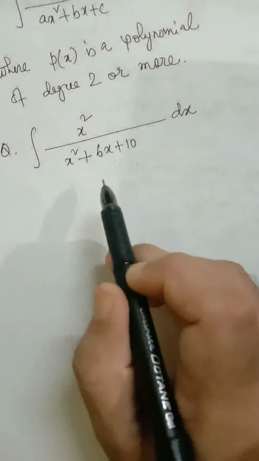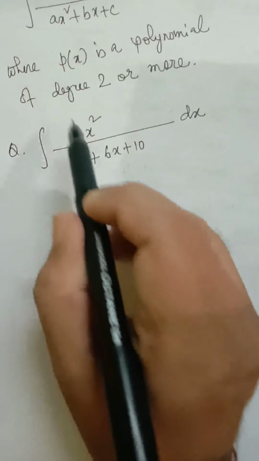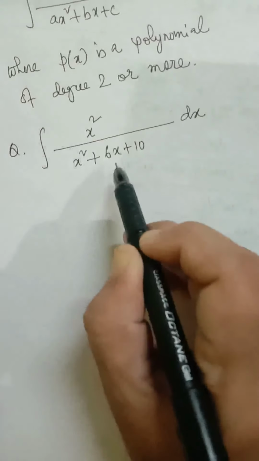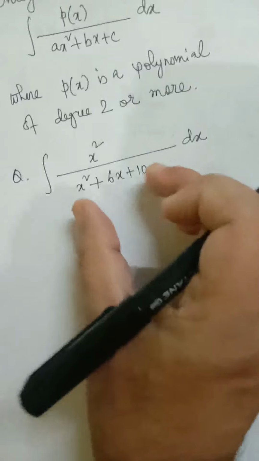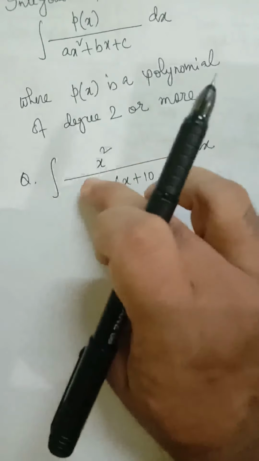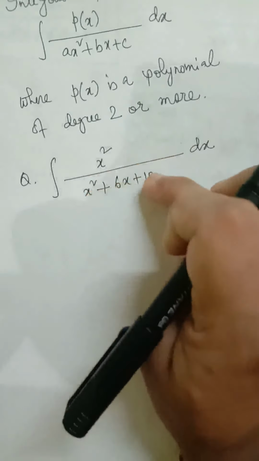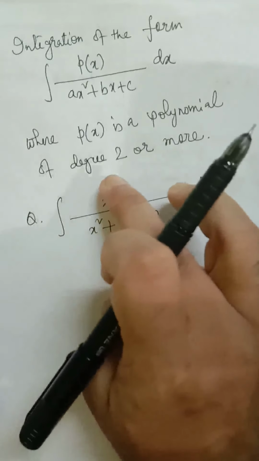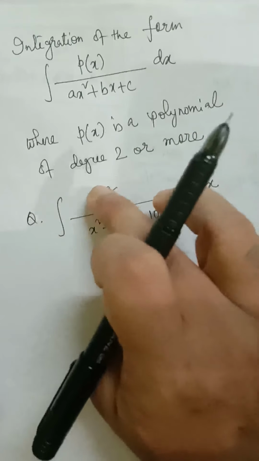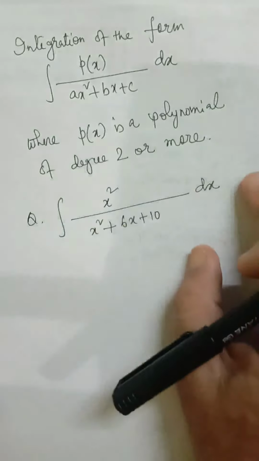Here I have taken this integral to integrate x square divided by x square plus 6x plus 10. The denominator is a quadratic expression, x square plus 6x plus 10, and the numerator is also a quadratic polynomial.